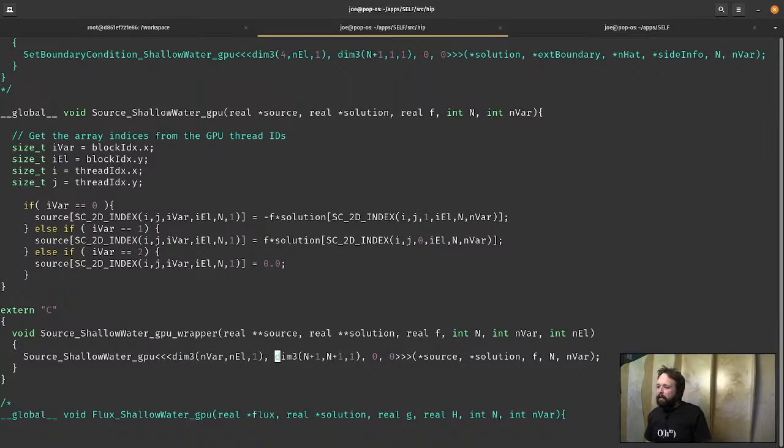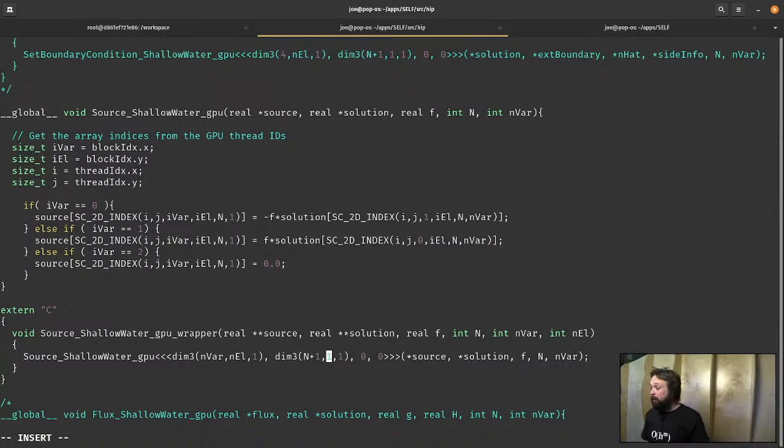And the block size, typically the total number of threads per block is 2048 or less. But you can divvy this up conveniently into 3 dimensions. So if I'm doing 2D operations, it's nice because, especially with the spectral element methods, I can think of my elements as being those blocks on the GPU, and each nodal point within that element is being handled by a thread in that block. So that's all this launch syntax is here.